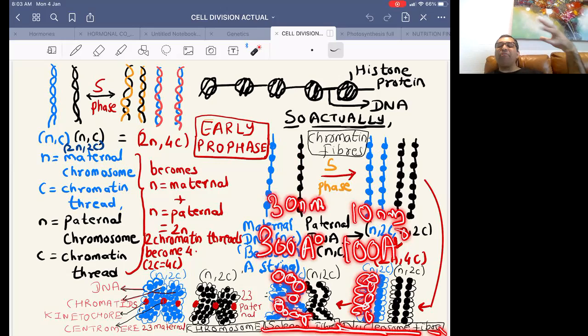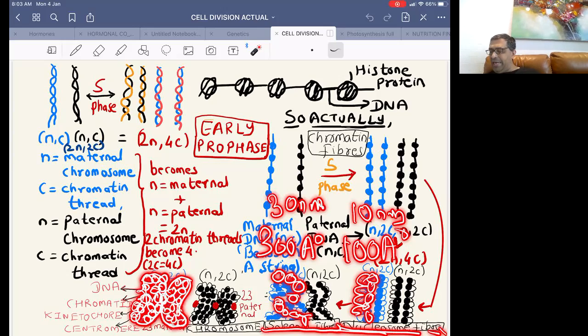It will get packed further and further to form chromatids, which form a chromosome made up of multiple beads. This is a heavily beaded structure, and these are called chromatids.